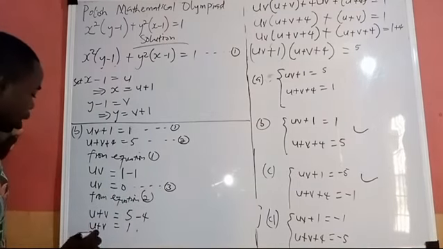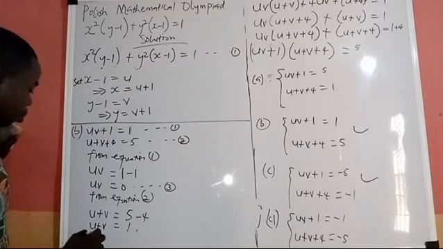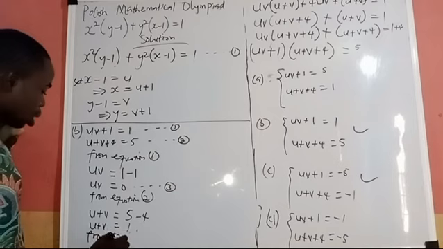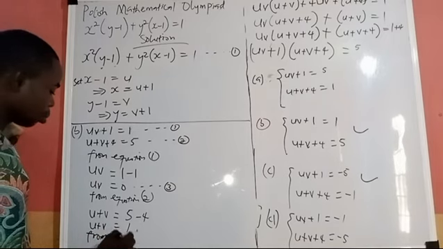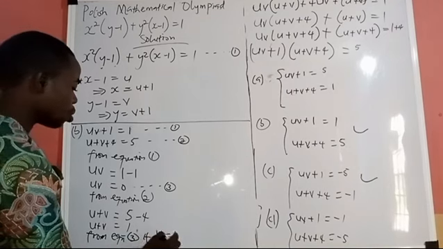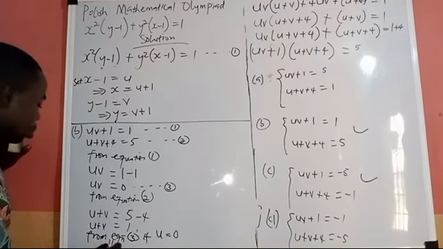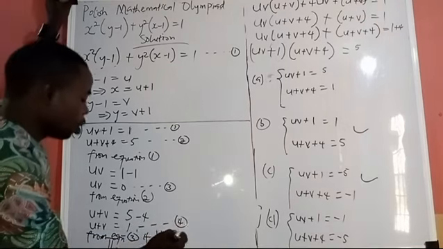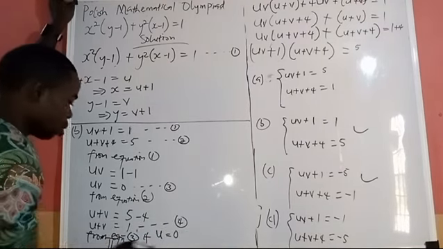So from equation 3, if u is equal to 0, then, if you name this one equation 4, we are going to substitute u in equation 4 to get our v.